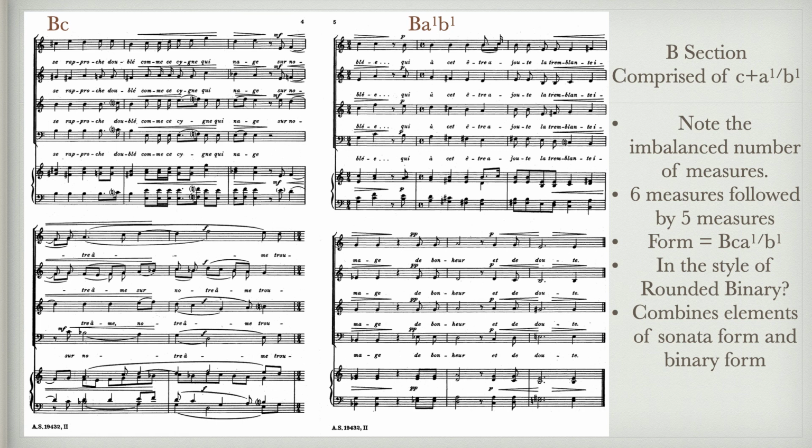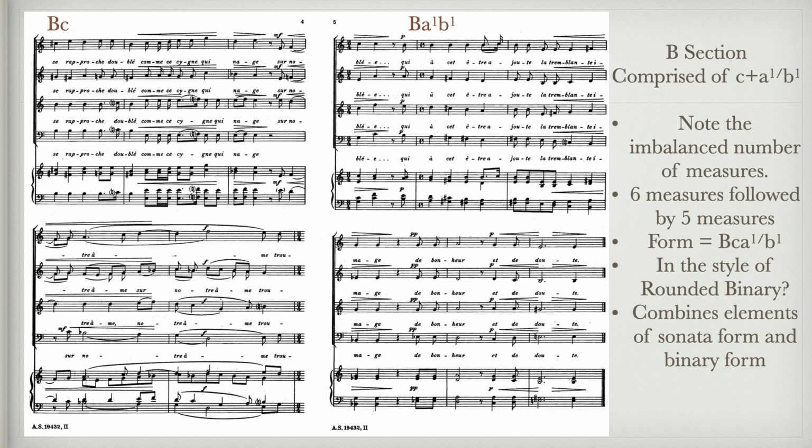However, the concept of sonata form is not the best solution for this because sonata form tends to have a very strong requirement for each section to be related to the tonic area in some way. So because of that, it would make more sense to analyze this as binary form.